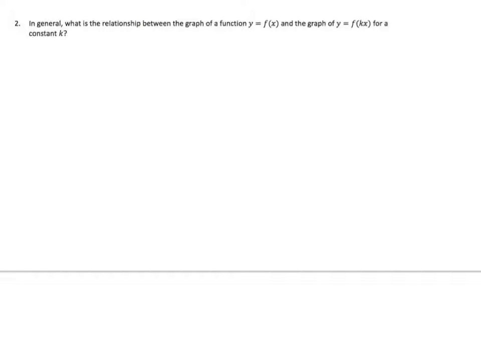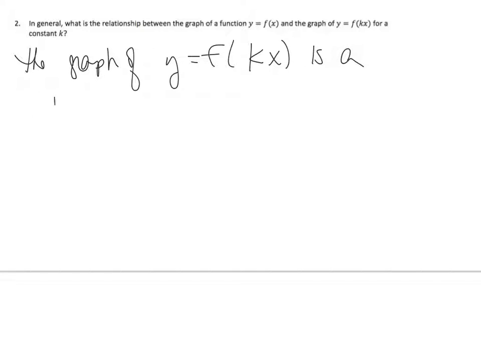Alright. So, in general, let's try to relate the two things that we've done together. Let's try to figure out what's similar and different about them. So, in general, what is the relationship between the graph of a function y equals f of x and the graph of y equals f of kx? So, alright, for a constant k, we can say that the graph of y equals f of kx is a horizontal shift.